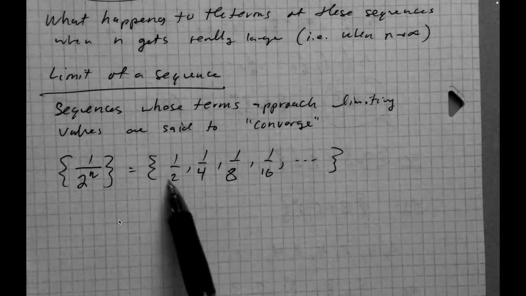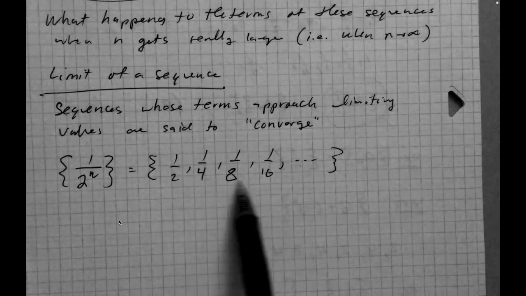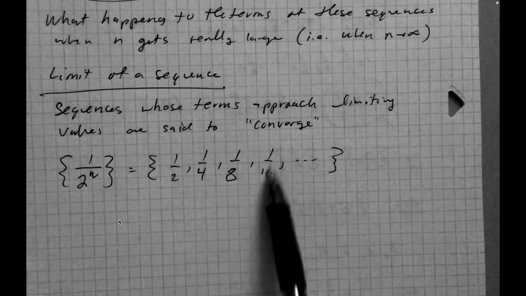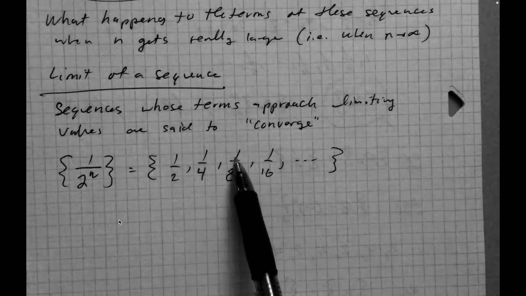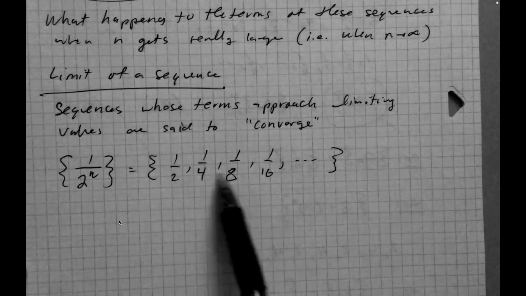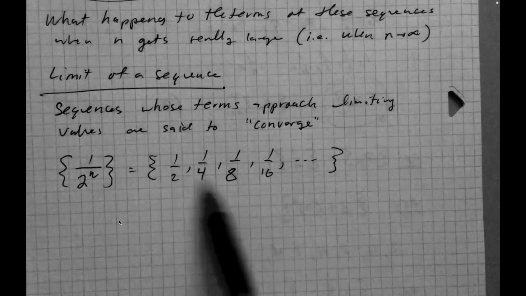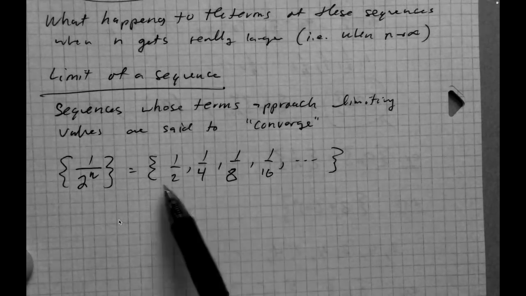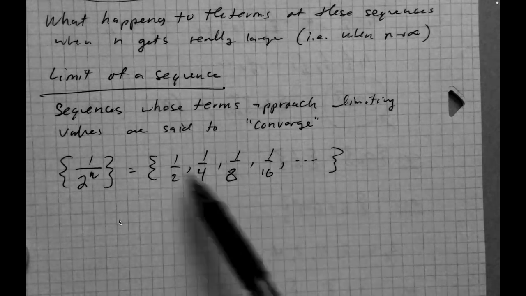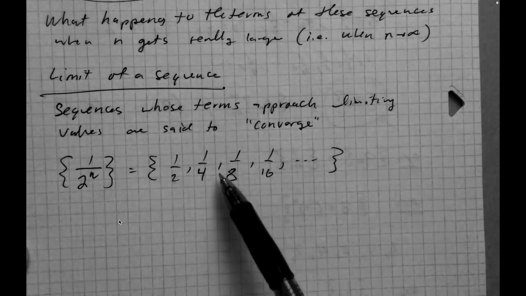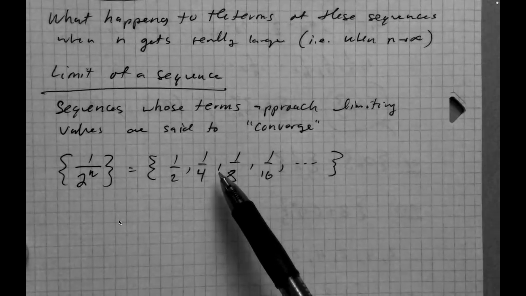And you might just look at these and be able to intuit that it looks like these ratios are getting smaller. The numerator is always 1. The denominator is increasing pretty dramatically. It's doubling, in fact, every time. And so this is a sequence where you might be able to infer what the limit is.